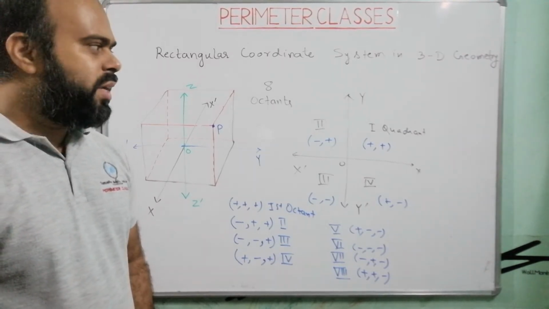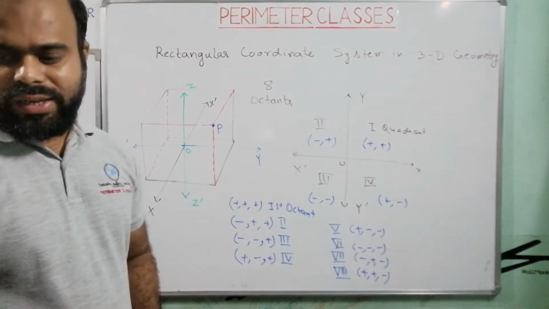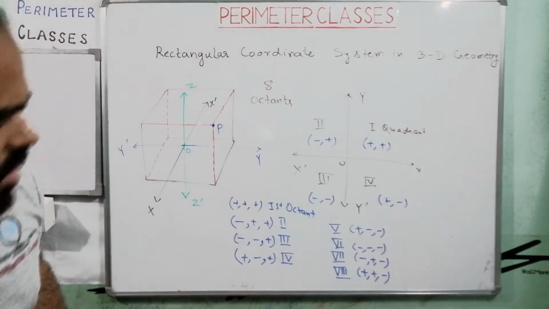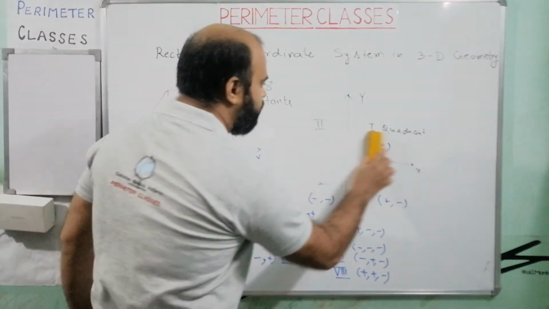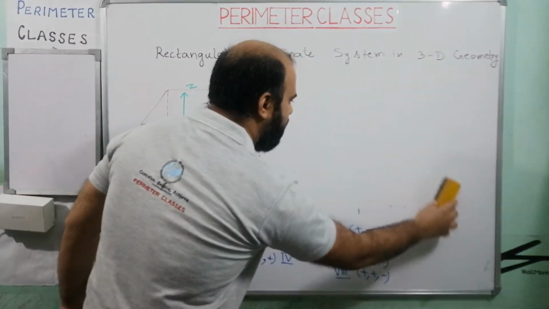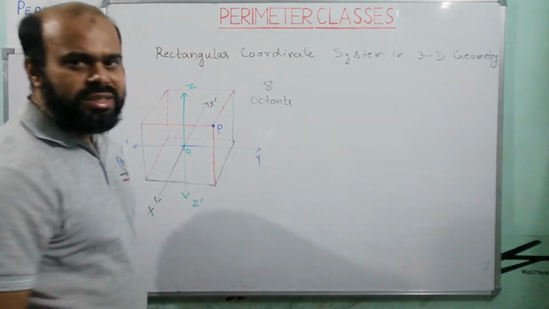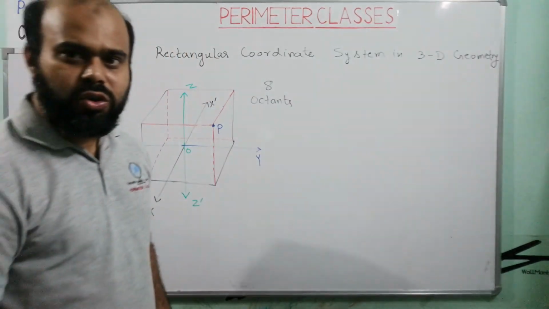Now, what would be the coordinates of a point if it lies on any particular axis? In that situation, we can say that the other coordinates are actually 0. Why is it so?